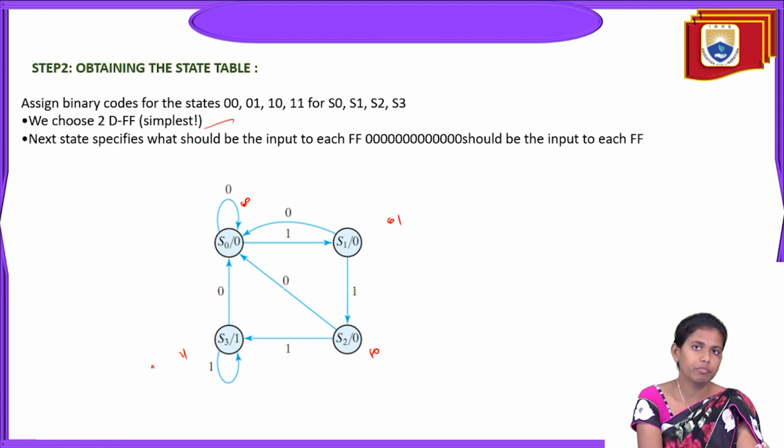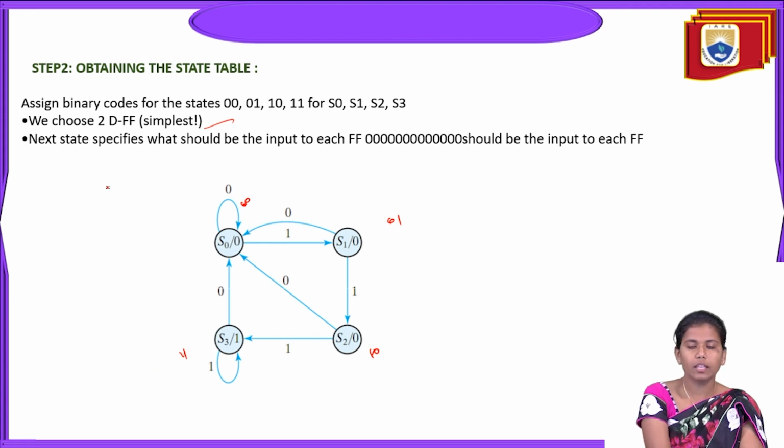The simplest flip-flop for the synthesis that we can consider is the D flip-flop, so here we are considering 2 D flip-flops. The next state specifies what should be the input of each flip-flop.